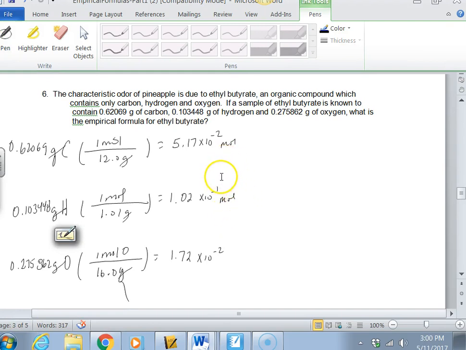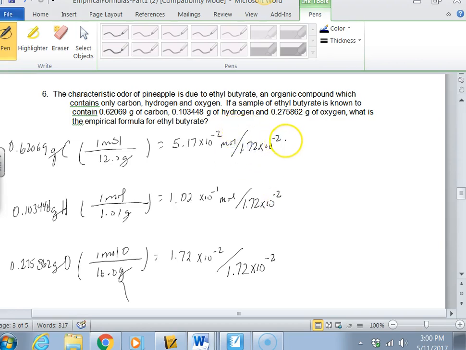So we will divide each of these by this number, 1.72 times 10 to the negative 2. And this is 1.